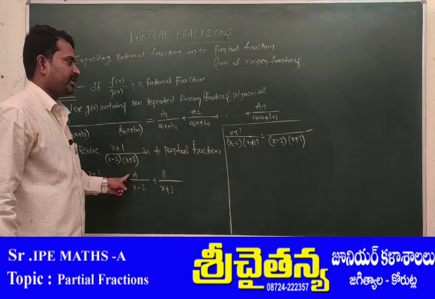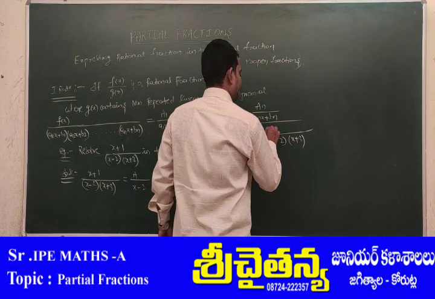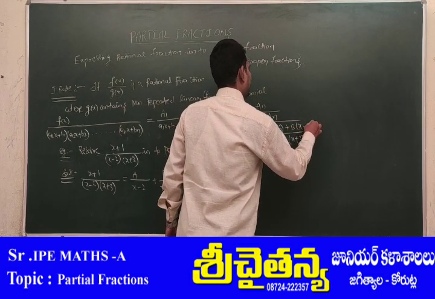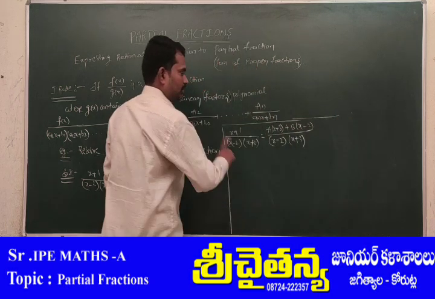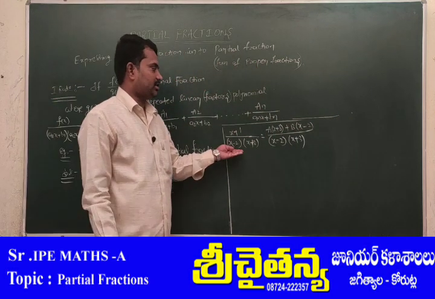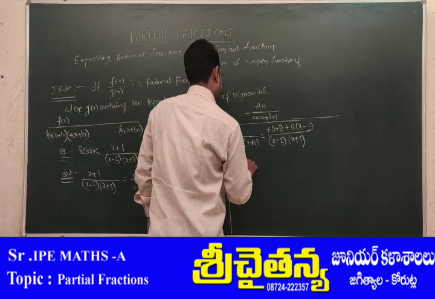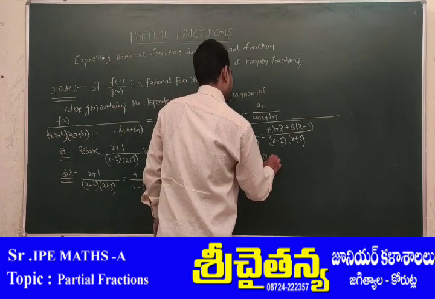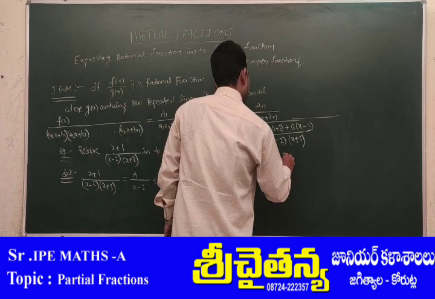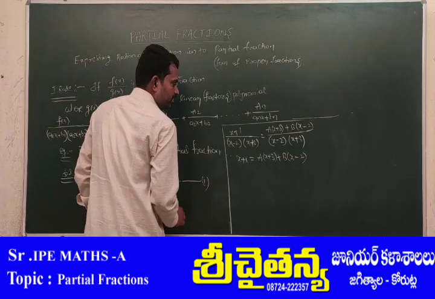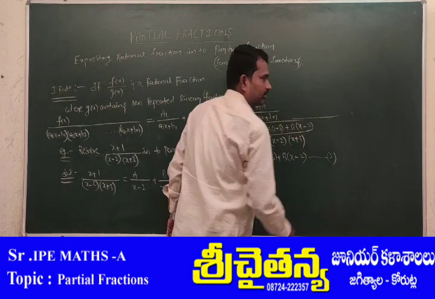X plus 3 is multiplied by A, that means A times (x plus 3). Next we get B times (x minus 2). On both sides the denominator is common. Therefore we get x plus 1 equals A into (x plus 3) plus B times (x minus 2). Let us keep this as equation number 2, and the earlier one as equation number 1.